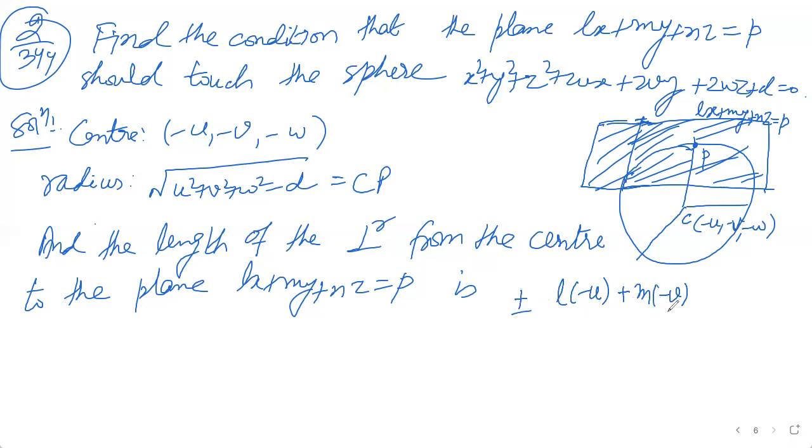So in terms of plus minus, plus N minus w minus p upon under root L square plus M square plus N square. Okay, it was a formula.